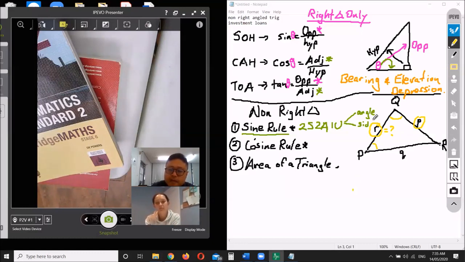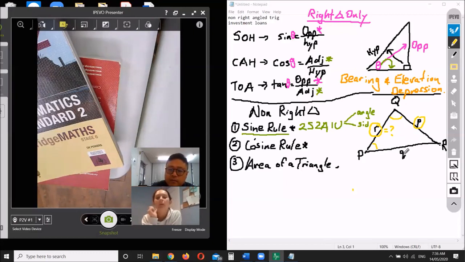But this one's slightly tricky, because the two sides and the two angles that we need to use the sine rule for need to be opposite each other. This angle needs to be opposite that side. Is that the case here? No. We've got this side and we don't have the opposite angle.